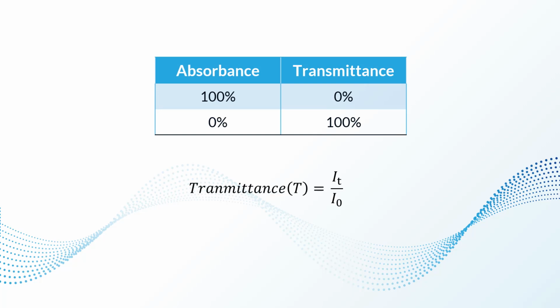Transmittance T is defined as IT upon I0. Now it is just reversed: in absorbance we talk about I0 upon IT and its log. In transmittance, there is no log. I am saying simply IT, the amount of light transmitted, upon I0, the intensity of light imparted on the material, and this is referred to as T.